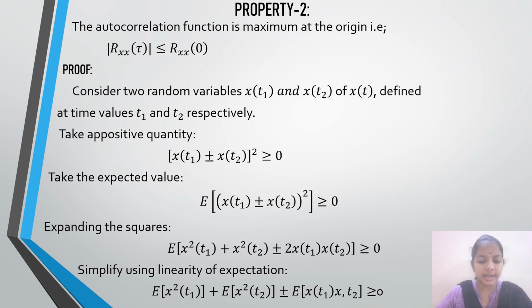Now expanding squares. If we expand the squares, then expectation of x square of t1 plus x square of t2 plus or minus 2 into x of t1 into x of t2 is greater than or equal to 0. Simplify using the linearity of expectation. That is expectation of x square of t1 plus expectation of x square of t2 plus or minus expectation of x of t1 into x of t2 greater than or equal to 0.